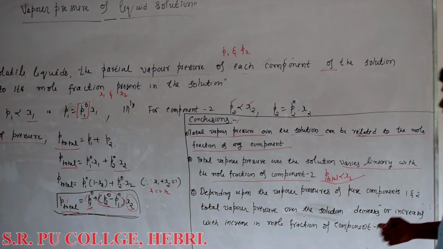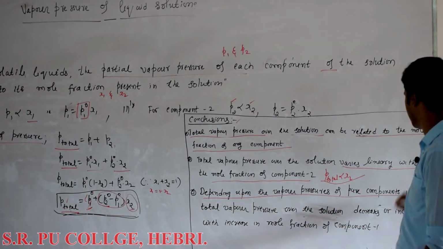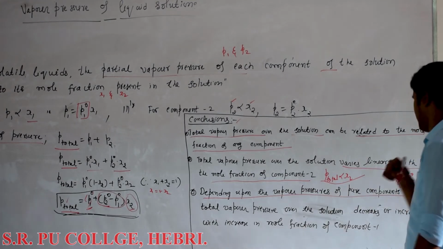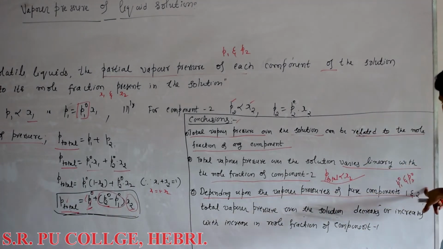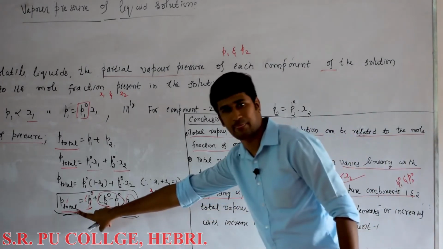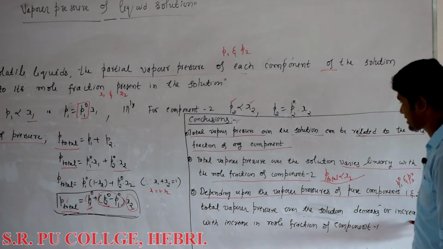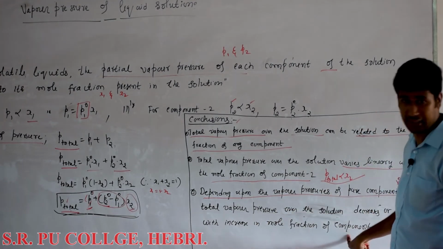The last conclusion is depending upon the vapor pressure of pure components 1 and 2, that is, depending upon P1 naught and P2 naught at a given temperature, the total vapor pressure over the solution, that is P total, decreases or increases with increase in mole fraction of component 2.